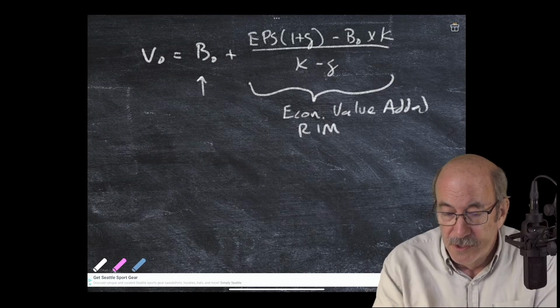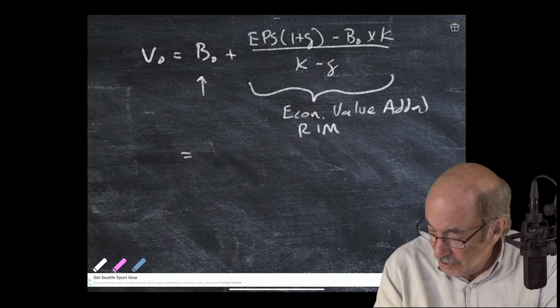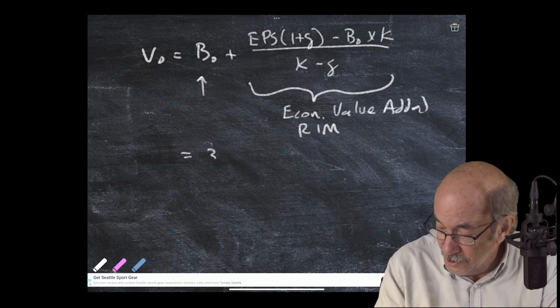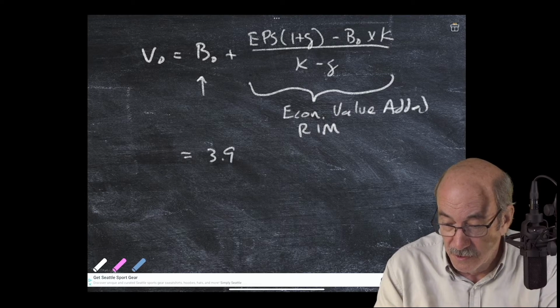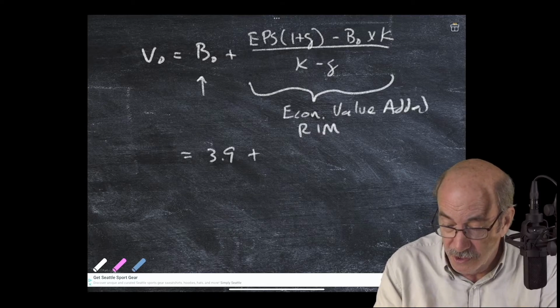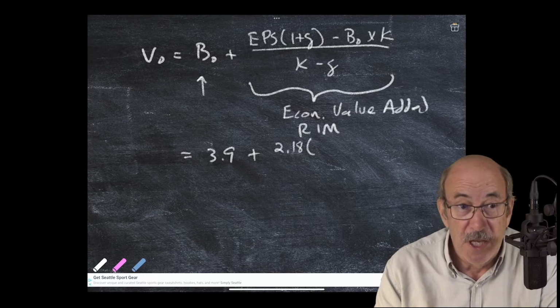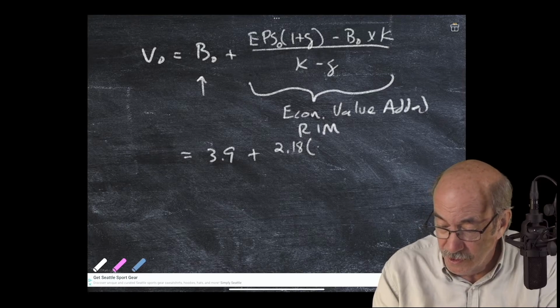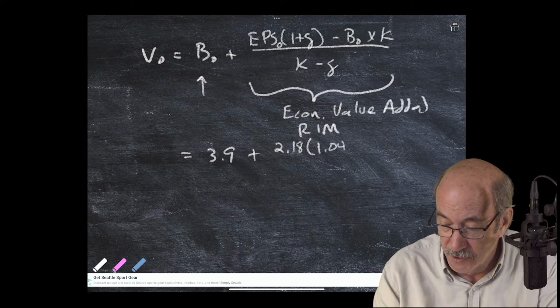Okay, so then we just plug in here. We've got book value, remember this is book value of equity, so that's $3.90, plus earnings that just occurred of $2.18, and that's EPS sub 0, by the way, times 1 plus the growth rate, which was 4%.